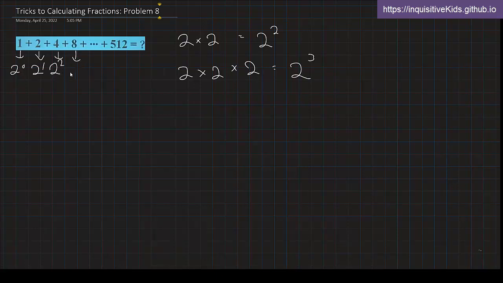And 8 is, you guessed it, 2 to the third power. All the way up to 512, they're all powers of 2. So what can we do? 1 plus 2 plus 4 plus 8, all the way up here.